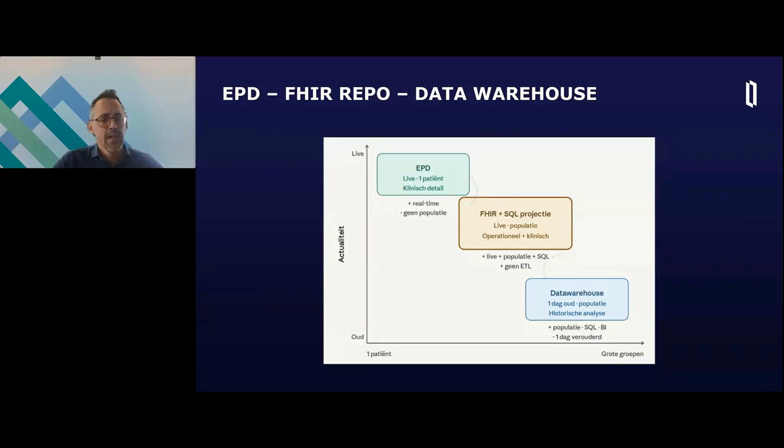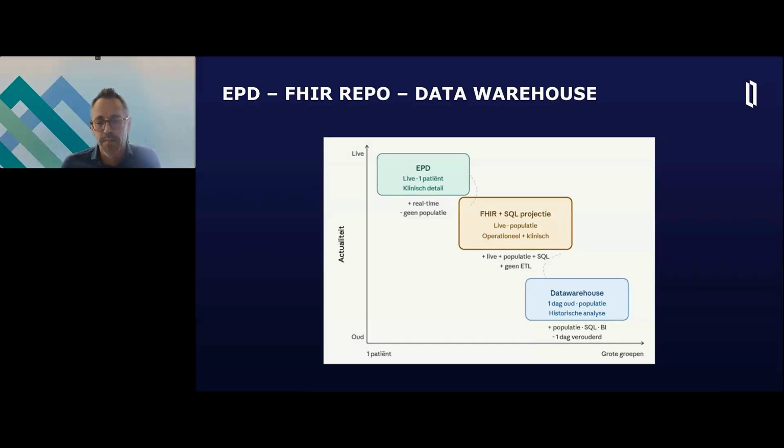So an EPD is very useful if you want to know all details, all clinical data of a patient in real time, but it's not so good at giving you population insights. On the other hand, all hospitals in Belgium have a data warehouse, and they can analyze whatever is going on in their hospital.